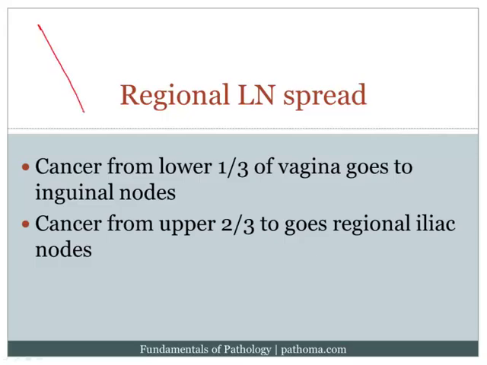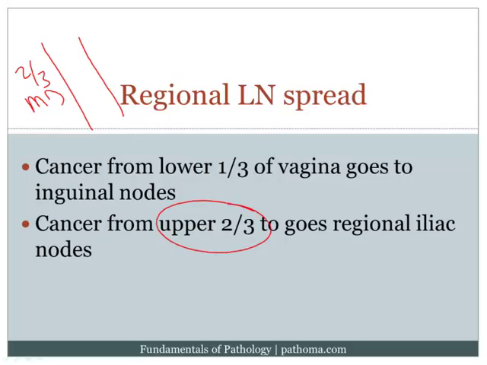So recall again that the lower 1/3 of the vagina is derived from the urogenital sinus, and so cancers that arise from the lower 1/3 will spread to the inguinal nodes. Recall again that the upper 2/3 of the vagina is derived from the Mullerian duct, and so cancers from the upper 2/3 will spread to the regional iliac nodes.